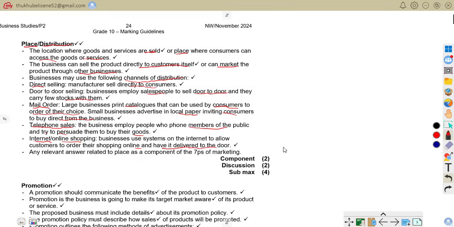Also via telephone sales, where you employ people who will be making calls, trying to persuade people to come and buy.